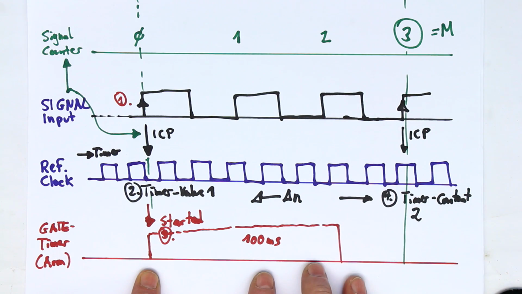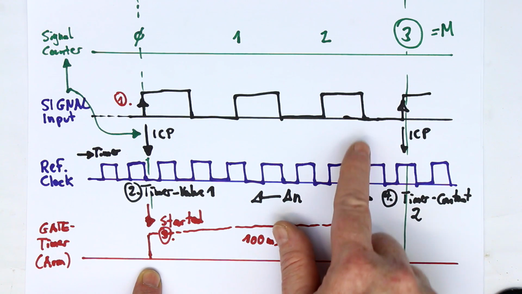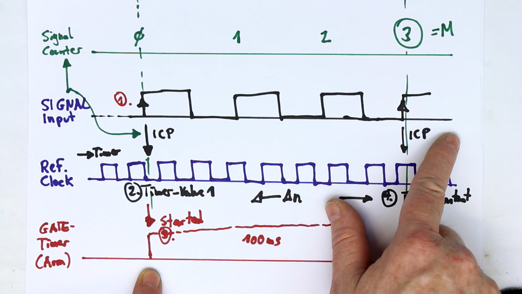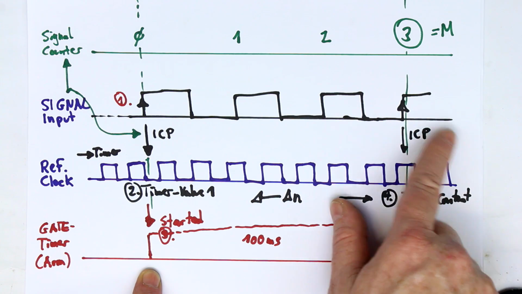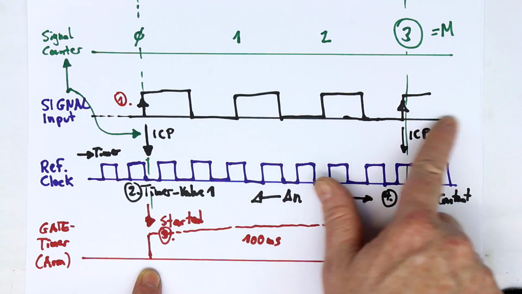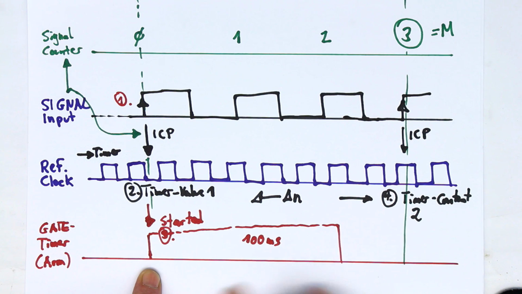And you can also see this is the minimum gate time, because let's suppose you have 100 milliseconds minimum gate time and you would have a 1 Hertz signal, then you still would have to wait another 900 milliseconds until your first rising edge after the starting rising edge arrives. But the reciprocal counter doesn't care about this.